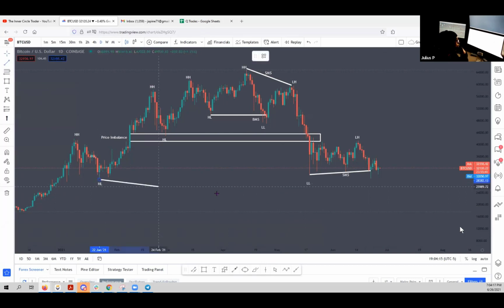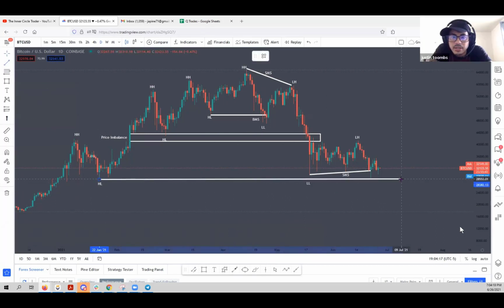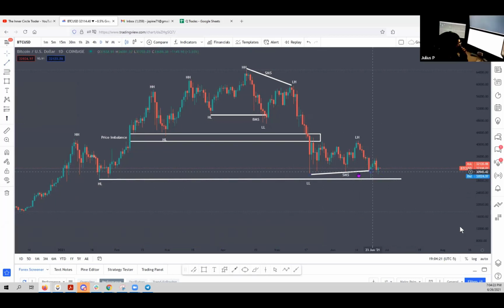And I'm sorry, even though that green wick is lower than the red wick, that's still an SMS? Yeah, the reason why is because when you're calculating an SMS, when you have a wick that digs deep on the second one, in this case, you grab the wick here and you grab the body of the final leg of the SMS. That's how it works, always.